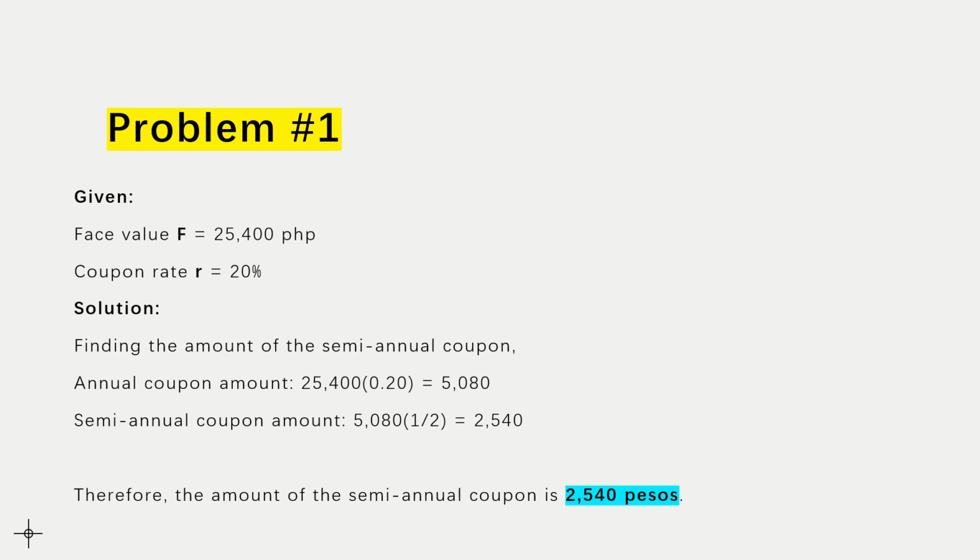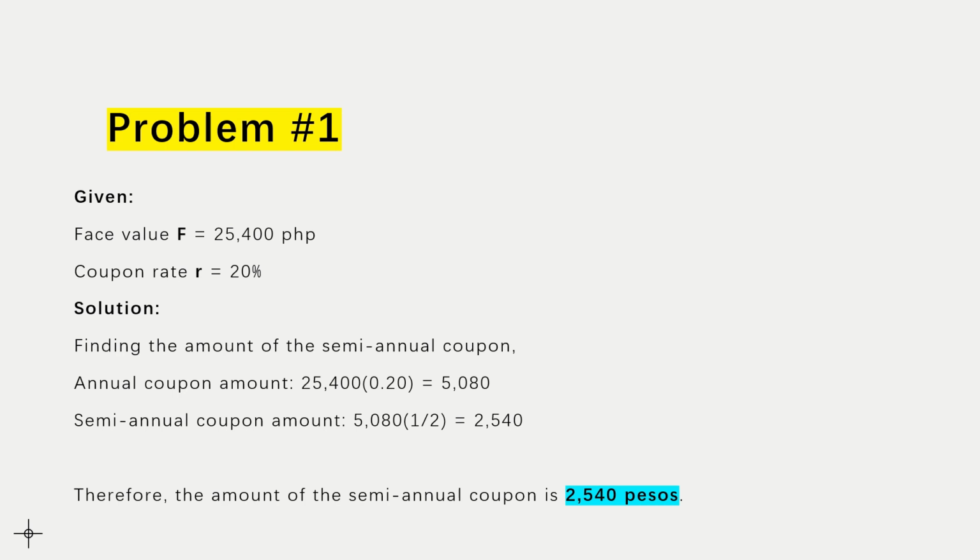For the annual coupon amount, we just multiply F times r. And r we convert to decimal, since 20% can be converted to 0.20, which means 25,400 pesos times 0.20, which, check on your calculator, leads us to 5,080 pesos.